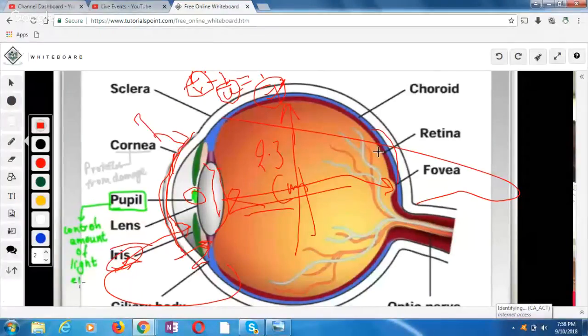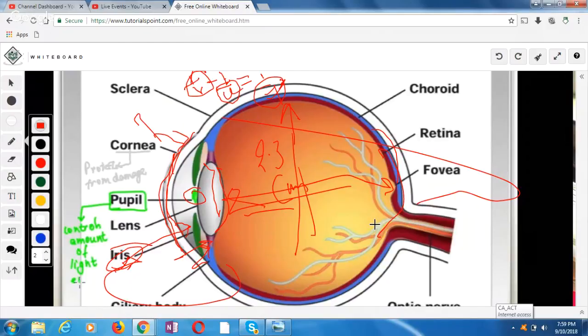What kind of image is formed at the retina? Always remember, the eye forms a real and inverted image on the retina. Please write it down somewhere. This is very important and it is asked time and again. The image formed on the retina is always real and inverted.